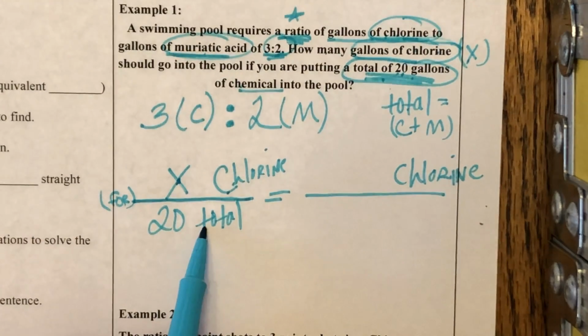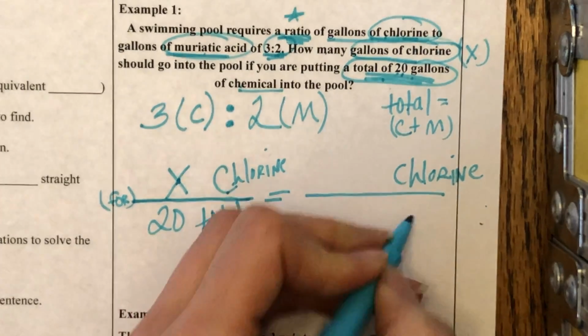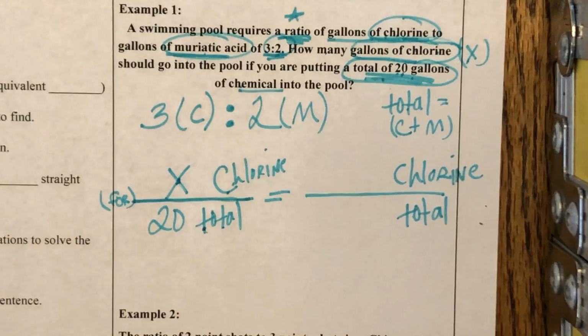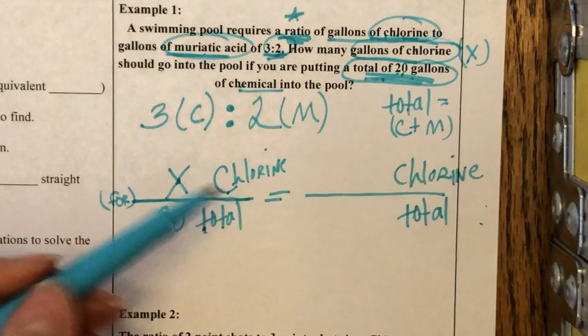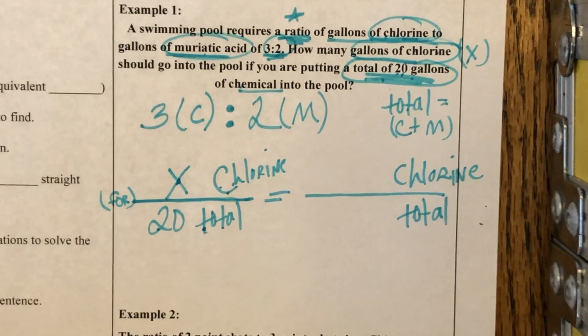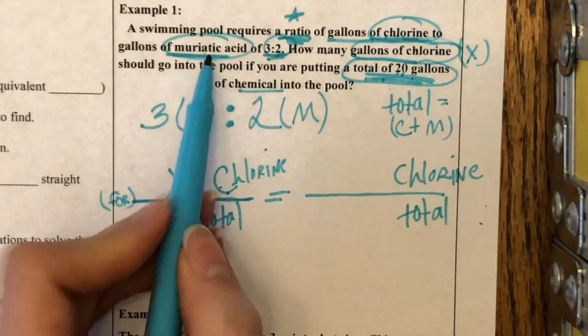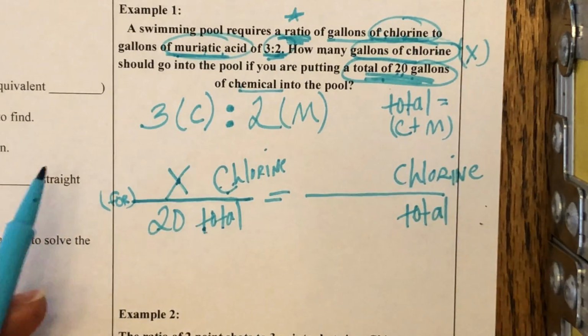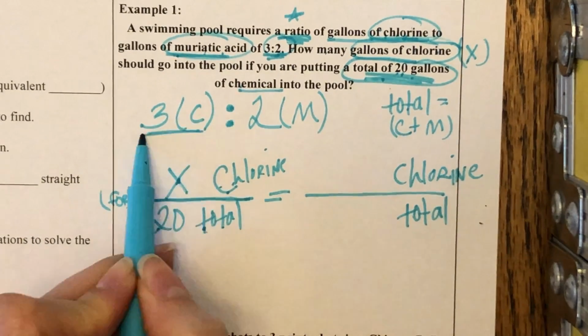So if I'm using total here on the left bottom, I know that this label needs to also be on the right bottom. So I'm going to use total on the right bottom. Now I can fill in what I know. So I don't know how many gallons of chlorine for 20 gallons total chemicals, but I do know that the ratio of gallons of chlorine and muriatic acid is 3:2. So my chlorine here is 3.